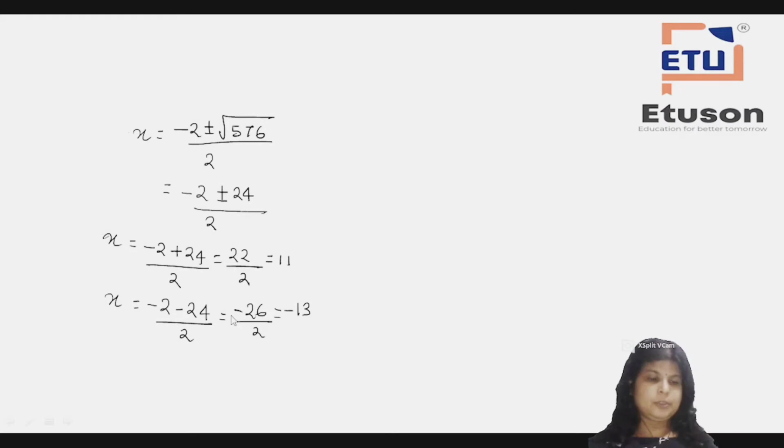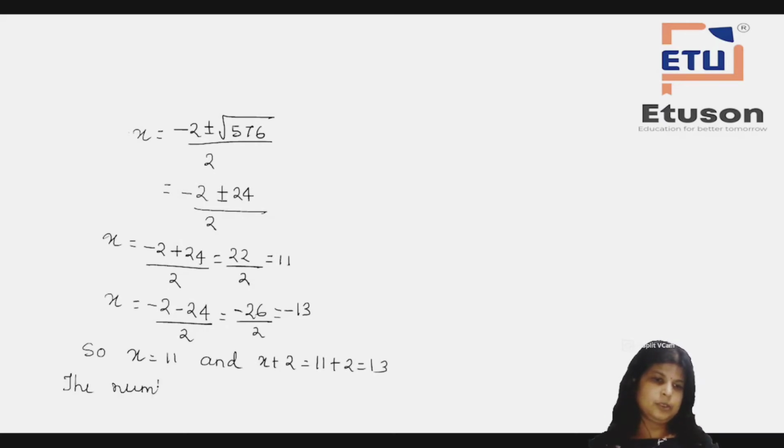So out of these two roots, the possible value is 11, as minus 13 is a negative number. So x is equal to 11 and x plus 2 is 11 plus 2, that is 13. So the numbers are 11 and 13 respectively.